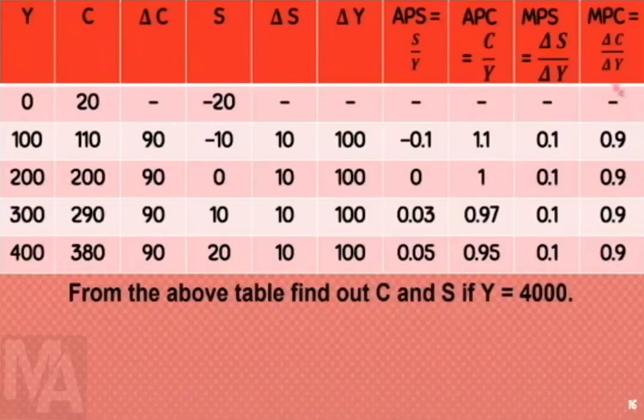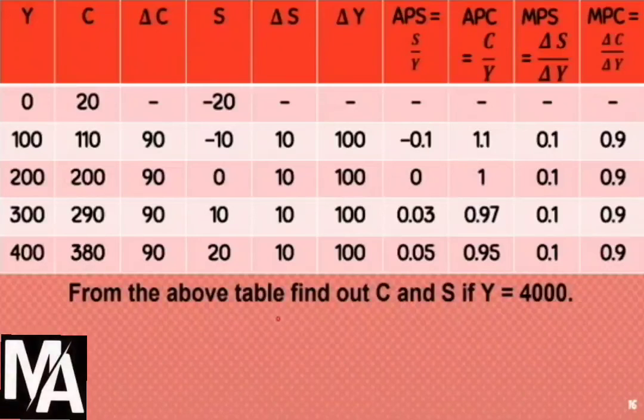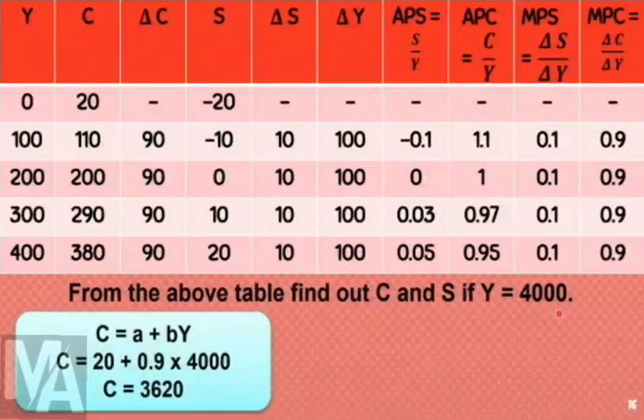So from the above table, we have to find out what is C and what is S if the income is 4,000. And if you remember, here is where we use the consumption and the saving function. C is equal to A plus B into Y, or S is equal to A plus B into Y. The first thing we will do is C is equal to A plus B into Y. C, consumption, we do not know, we have to find it out.